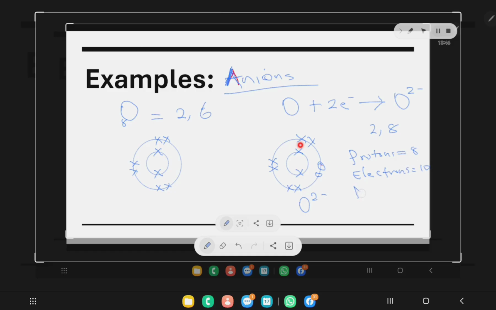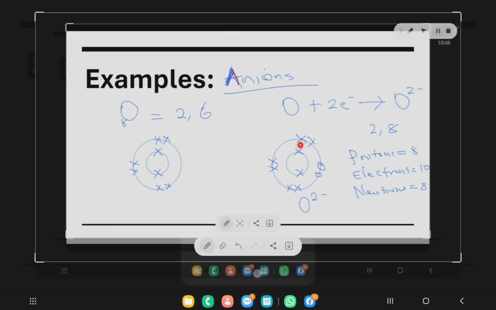The number of neutrons is still 8. So for an anion to be formed, the number of electrons will be more than the number of protons. Remember that protons are positively charged, electrons negatively charged, neutrons neutral. For a cation to be formed, the number of electrons will be less than the number of protons. So this is how oxygen ionized to form the oxygen ion with charge 2-.